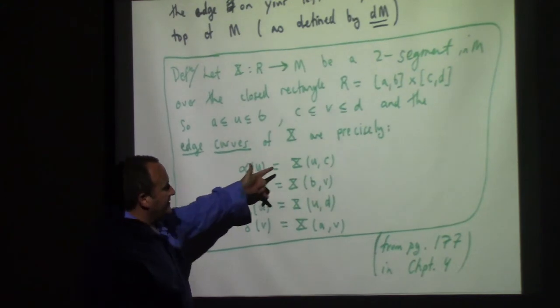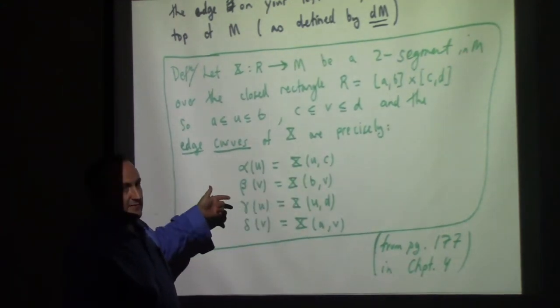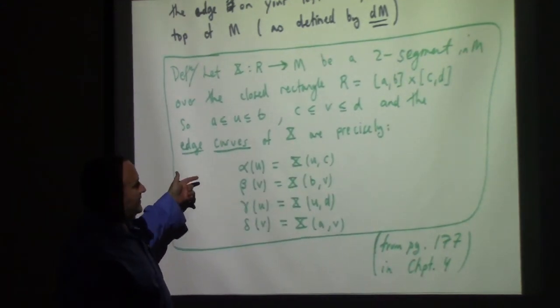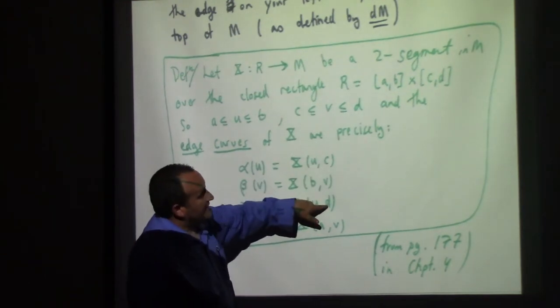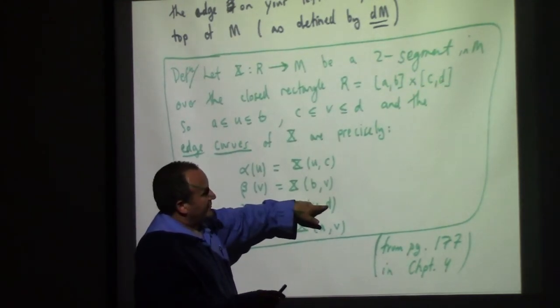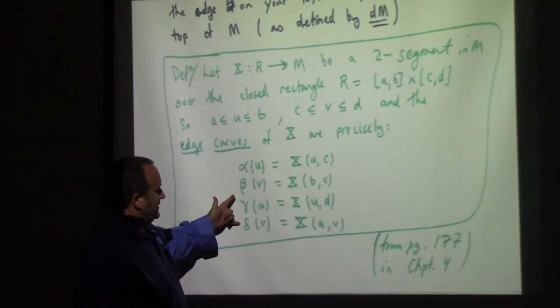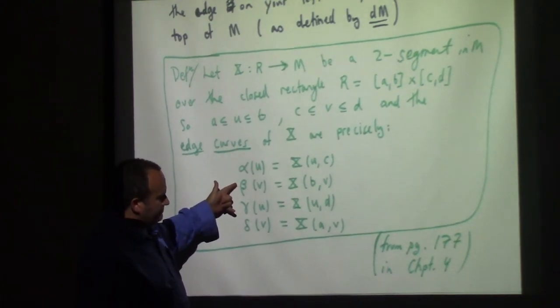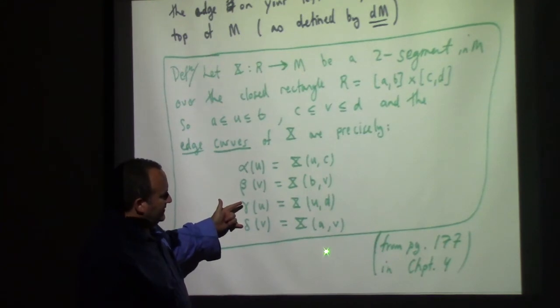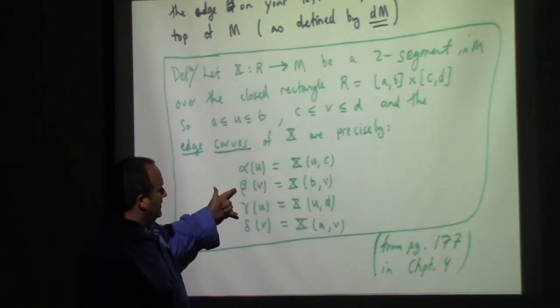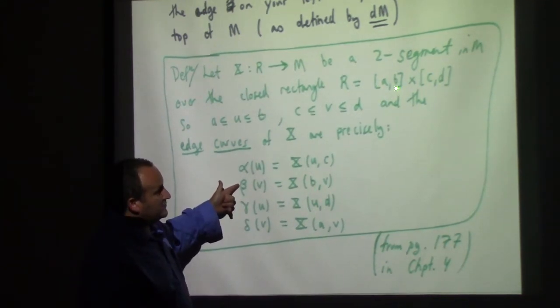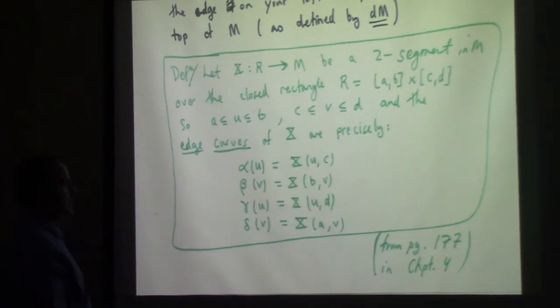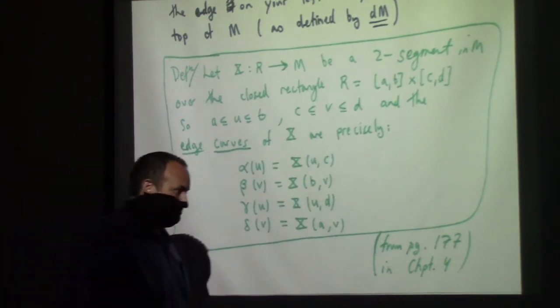We fix v at c or d, right? Because those are the starting point for v and the ending point for v. And for beta and delta, we're using v as the parameter, and delta has the initial u, and beta has the final u value. All right? So there are your edge curves.